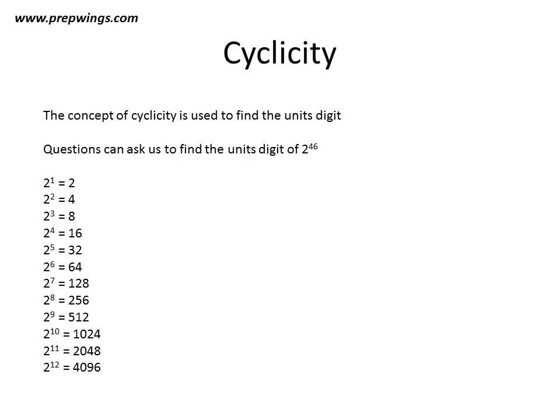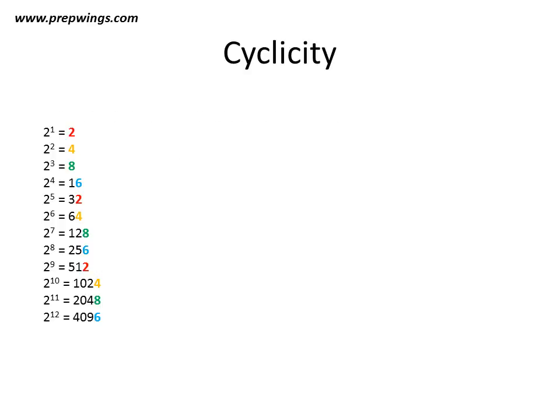If you closely observe these values, you have to see a pattern. 2 raised to power 1 ends in 2. 2 raised to power 2 ends in 4. 2 raised to power 3 ends in 8. 2 raised to power 4 ends in 6.